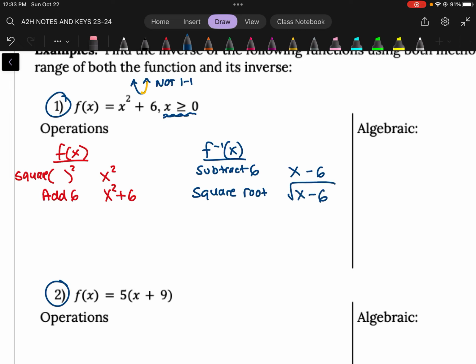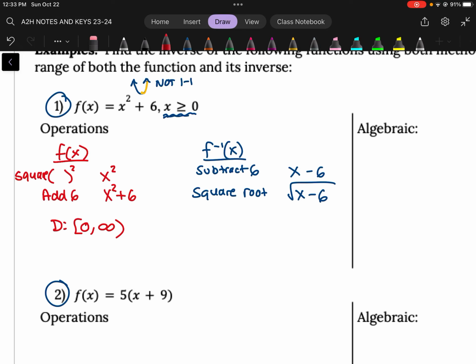Those are the inverse operations in the reverse order. Now, we had this x is greater than 0 from here, right? So I have to ask myself, okay, the domain must be 0 to infinity, right?